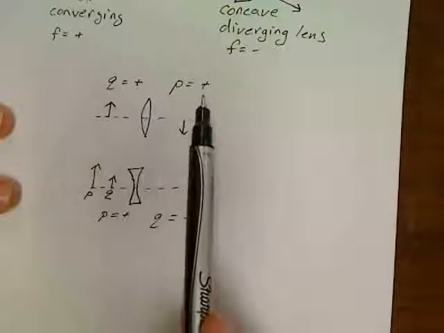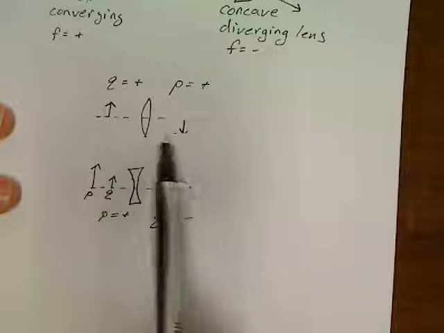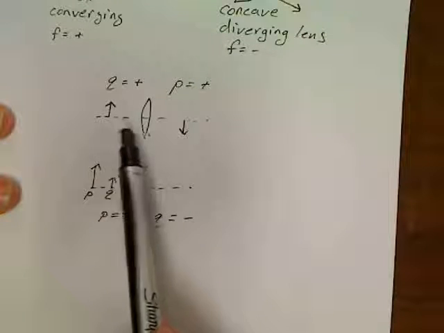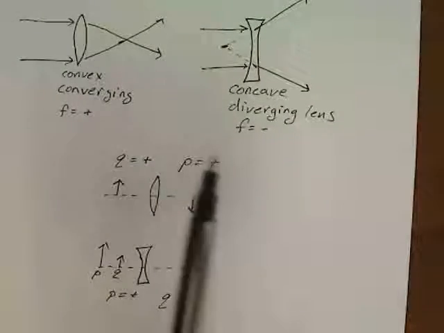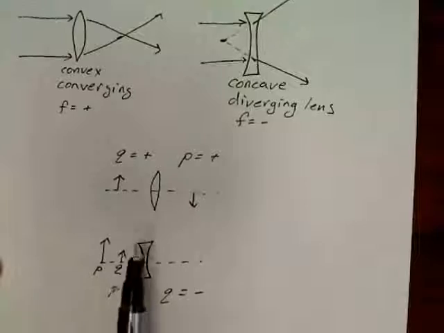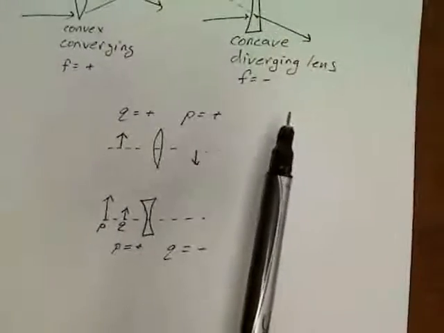If you get positive and positive on a mirror, that means the image and the object are both on the same side as each other. So all you've got to remember is what a lens is, and just remember everything about a mirror is exactly the opposite. Alright, that's all the basics.